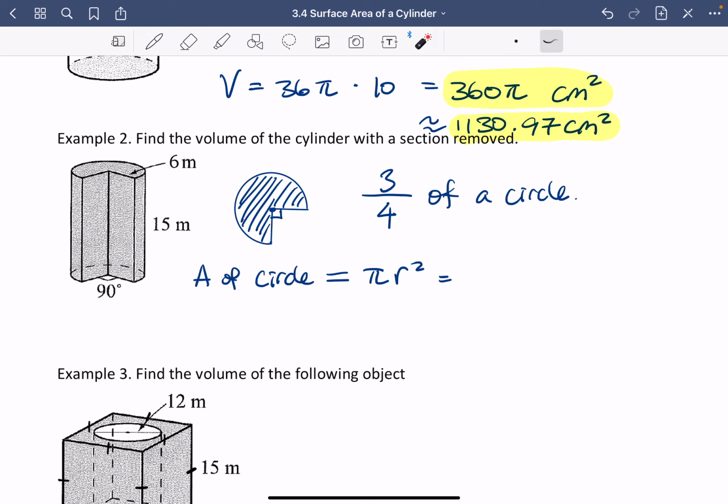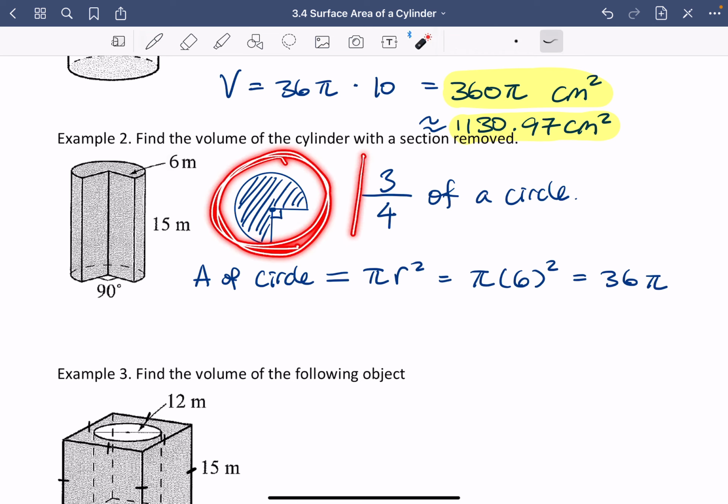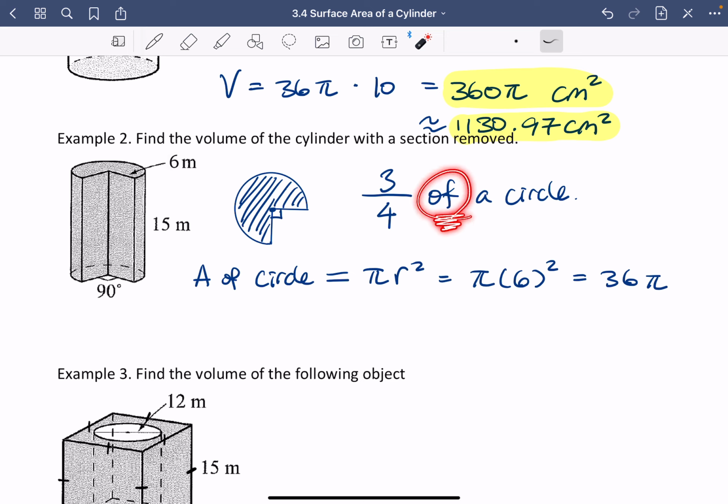And what's r? It says here it's 6 meters. This is r. So it's pi times 6 squared, which is 36 pi. Now this is the area of a circle. But this thing is not a full circle. It's 3/4 of a circle. Now, if you remember from the previous chapter, what does of mean?